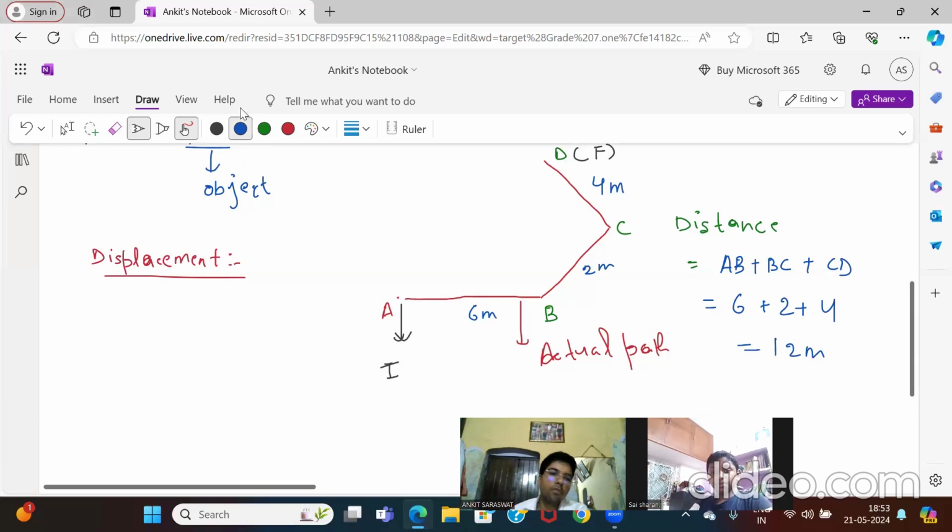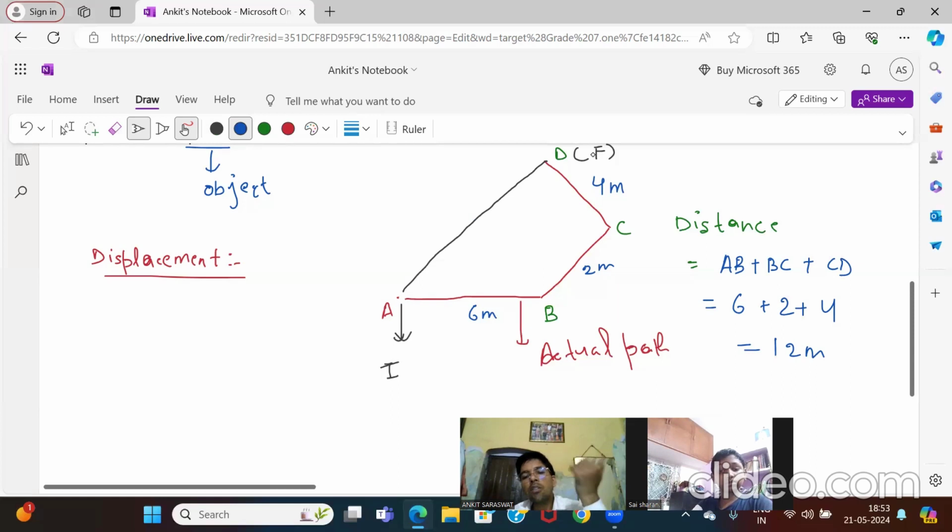Listen, sir, you're right. Let me explain this. A is the initial position, D is the final position. In order to find the displacement, always connect initial with final like this. Just join them with a straight line path. Next step: this is the initial position, this is the final position.